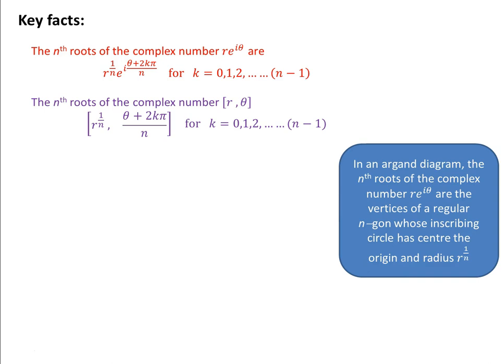And what's more, they are equally spaced, with each root being 2k pi over n away from the adjacent roots, which means that the nth roots will form a regular n-gon with centre the origin and radius r to the 1 over n.